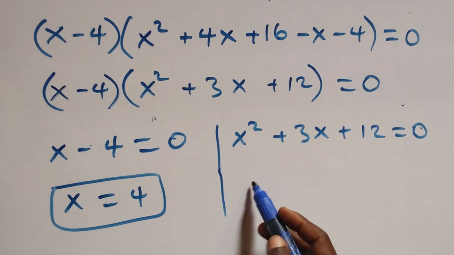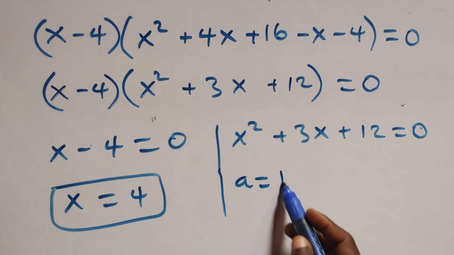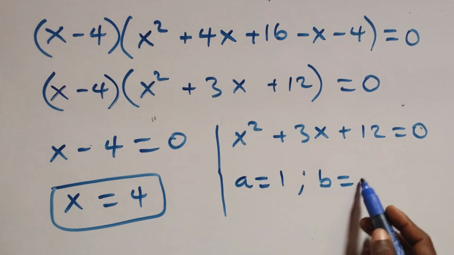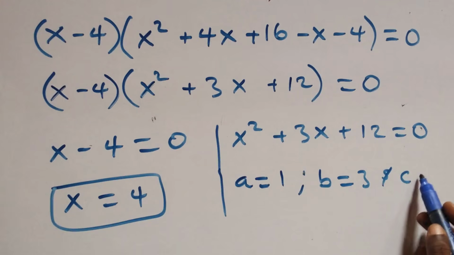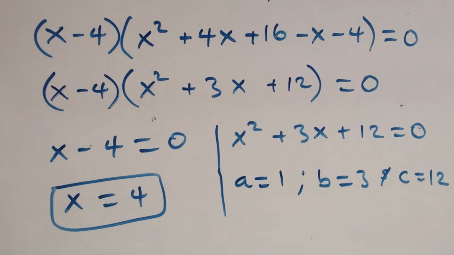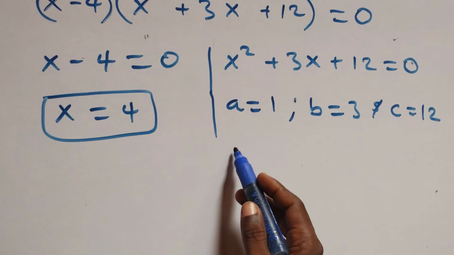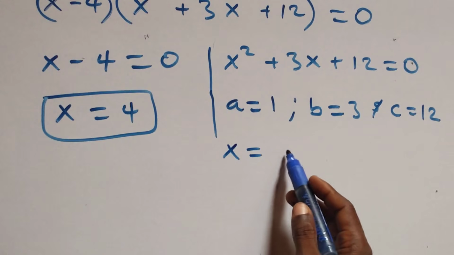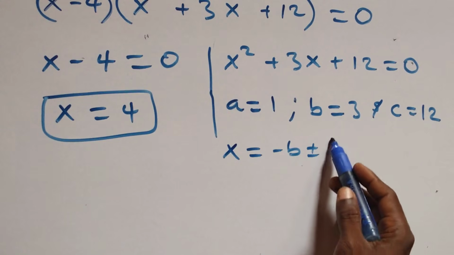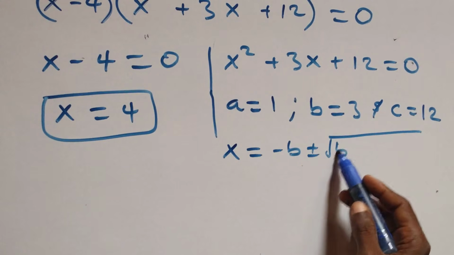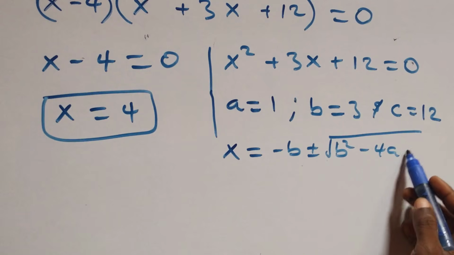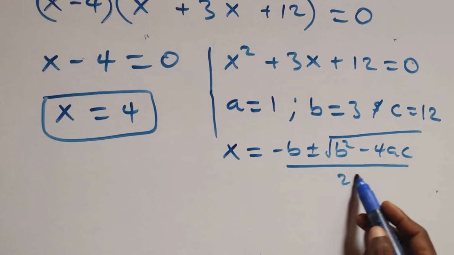And here we have a quadratic equation where a equals to 1, b equals to 3, and c equals to 12. Then apply the quadratic formula, which is x equals to minus b plus or minus square root of b squared minus 4ac all over 2a.